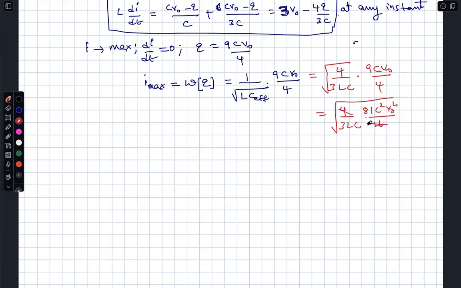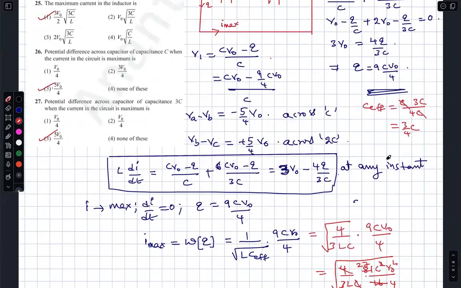You can write this as 27, 9 threes are 27. C's cancel. 3 V0 by 2 I can take common out. What is left inside is 3C and L. I have brought everything out. So that is 3V0 by 2 times root 3C by L.